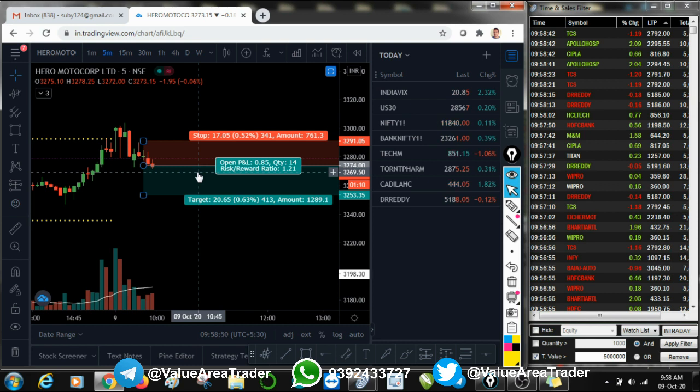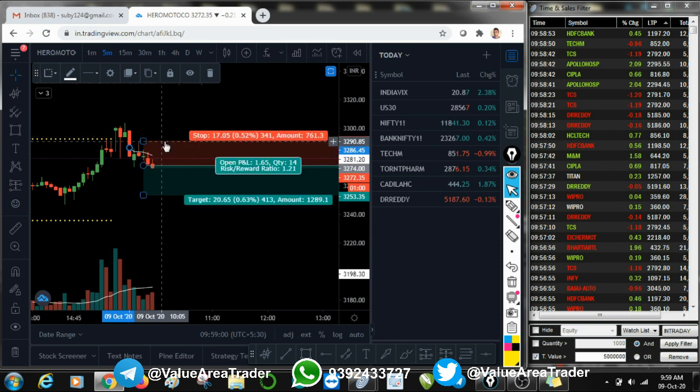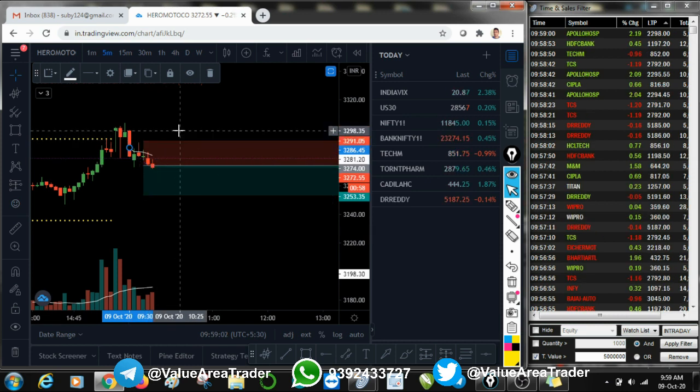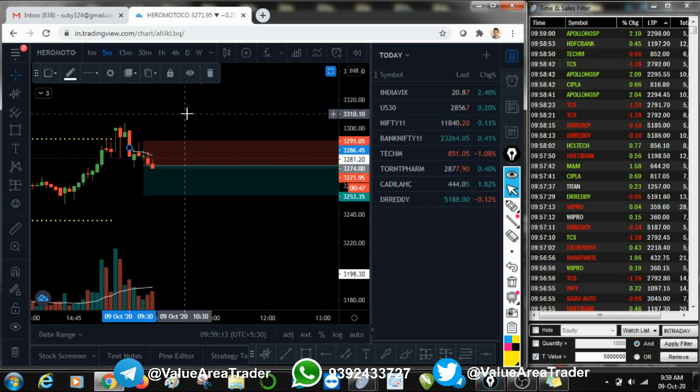So I'll put the trade from my mobile, and because my Dartstock account is connected, I'll also put the VWAP so that I can see where the VWAP is right now. Okay, the VWAP is here. So I'll take the trade, and my stop loss is at 3291.